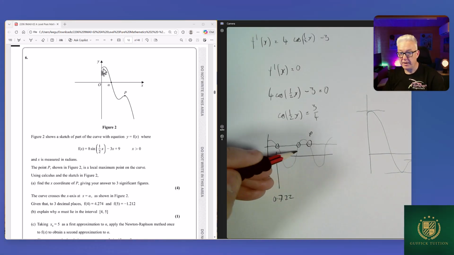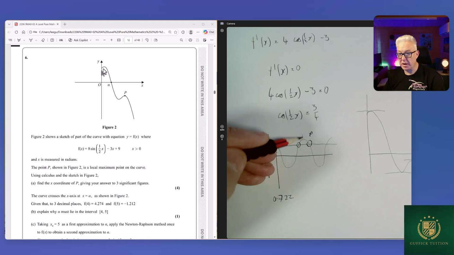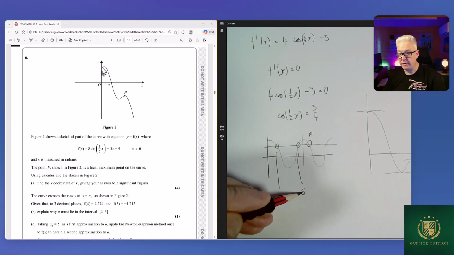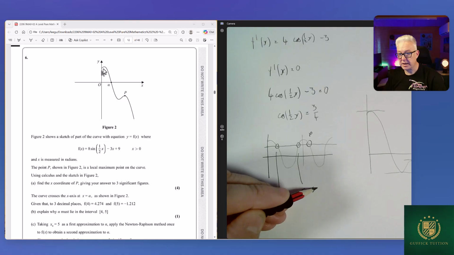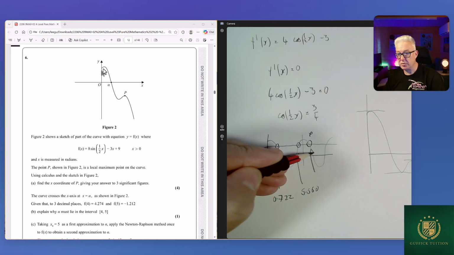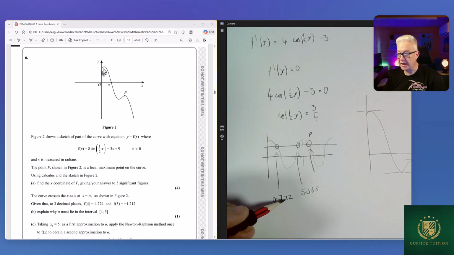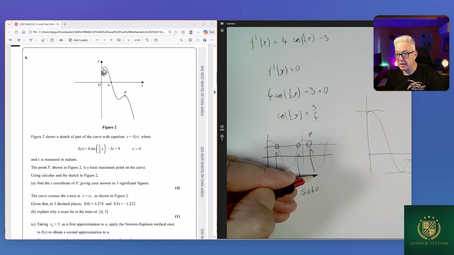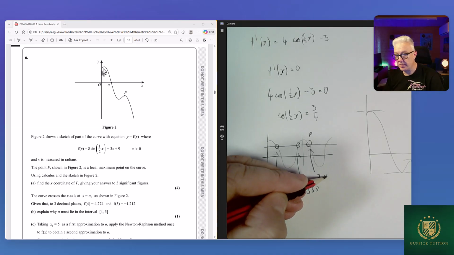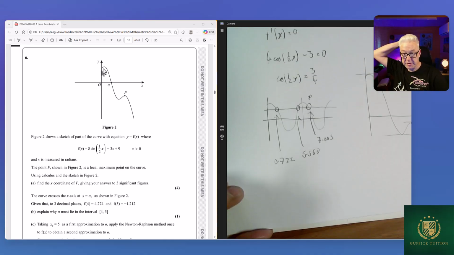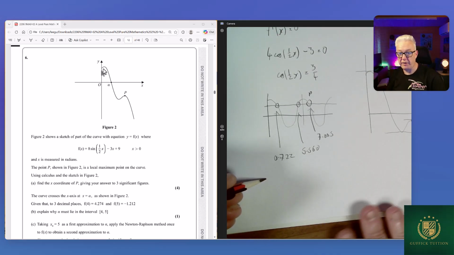Then this solution is going to be given by 2 pi minus that, which is 5.560, and then this solution is going to be given by 0.722 add 2 pi, and that is going to be 7.005.